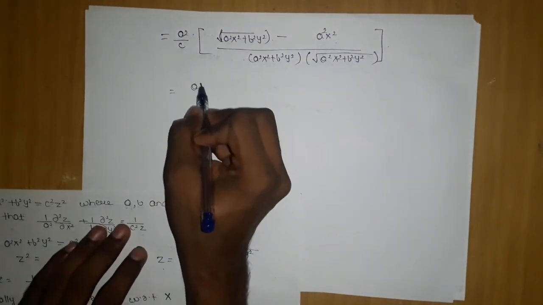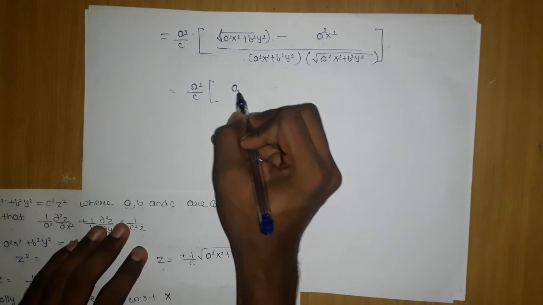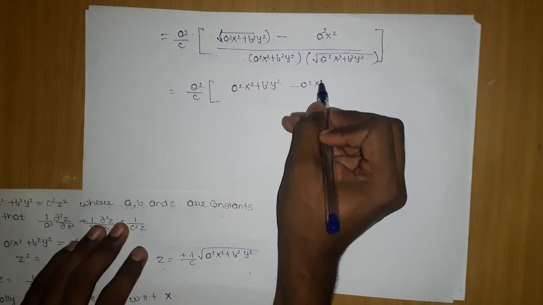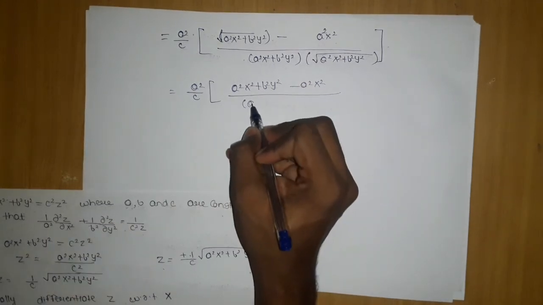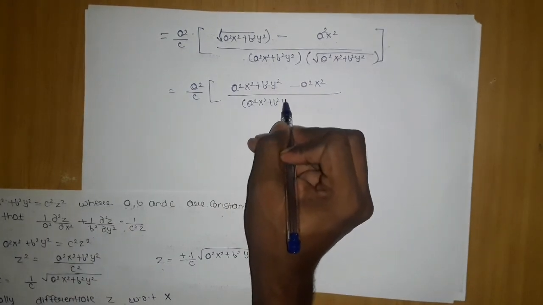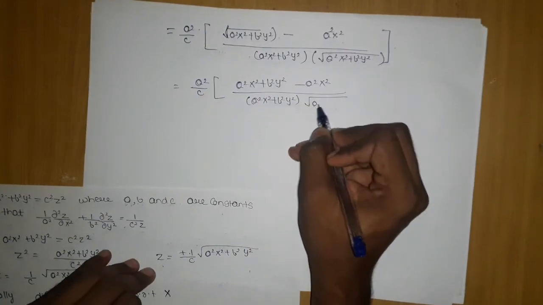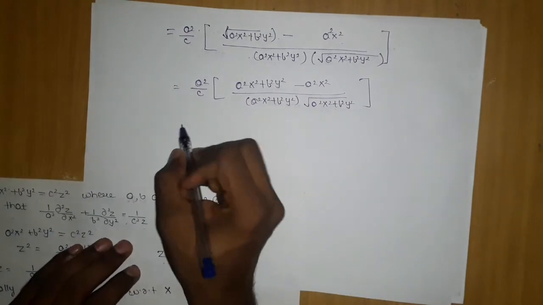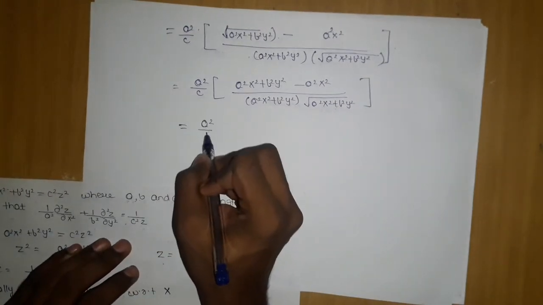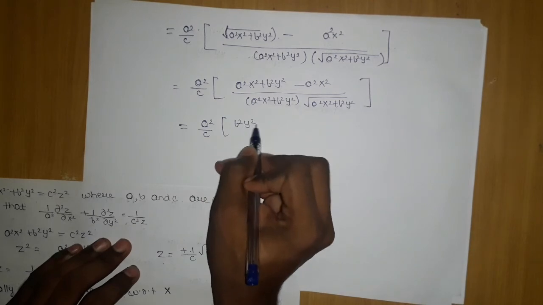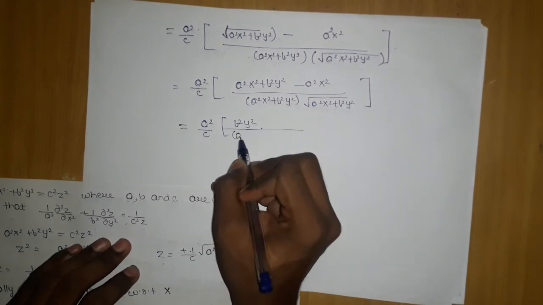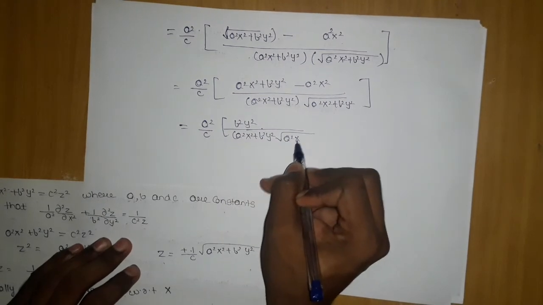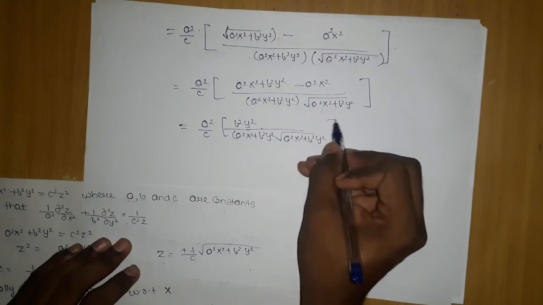I will have finally a square by c, a square x square plus b square y square minus a square x square, the whole by a square x square plus b square y square under root a square x square plus b square y square. So we are left with a square c b square y square, the whole by a square x square plus b square y square, a square x square plus b square y square.